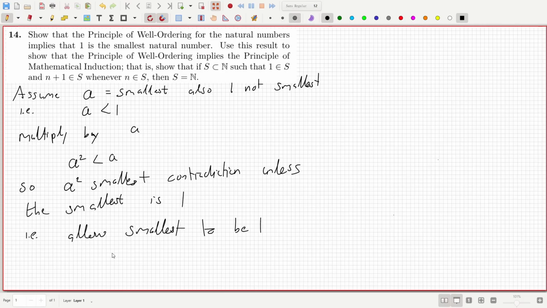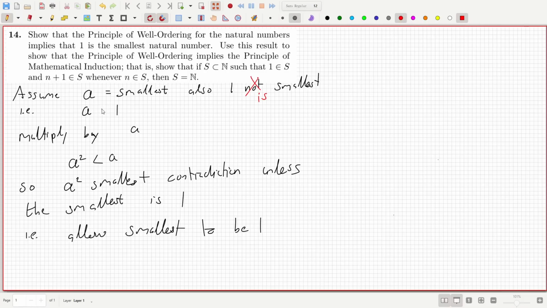Because, for example, no, I think we'll just leave it at that. Yeah, because let's run through this again, but we say also 1 is the smallest.